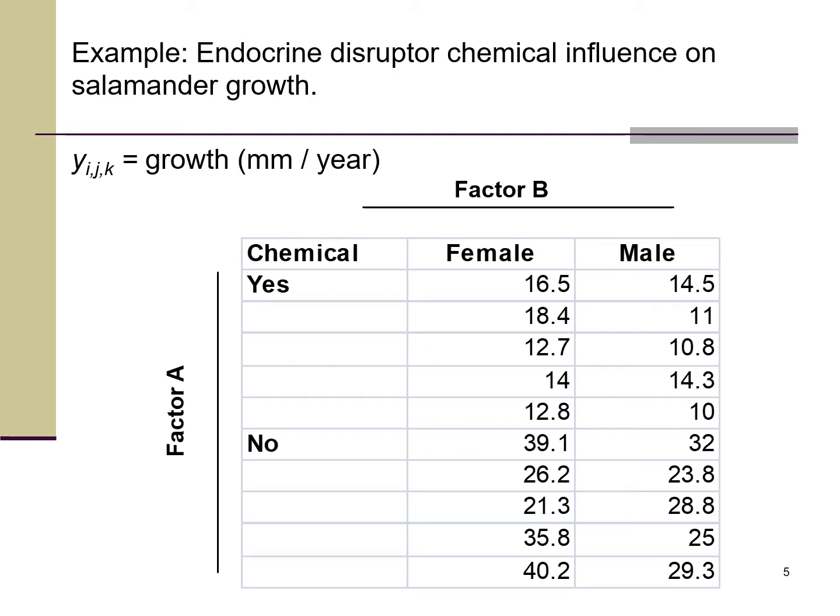So here's an example of a two-factor study. We have the effect of endocrine disruptors on salamander growth. And we have the chemical, factor A, that's fixed, either yes or no. We have factor B, male or female, which we'll treat as fixed.